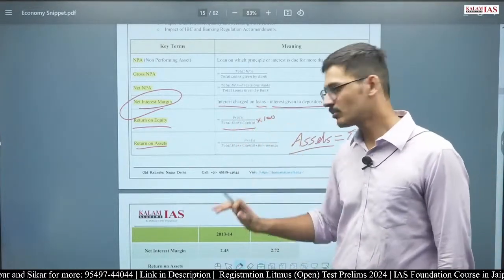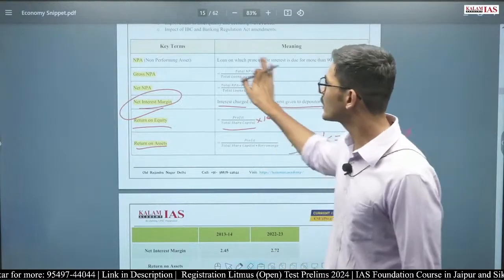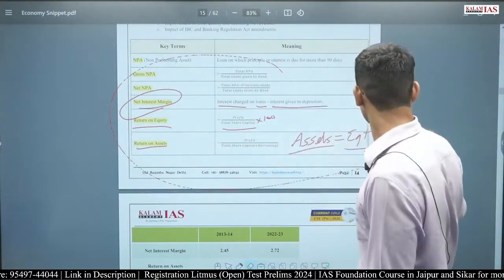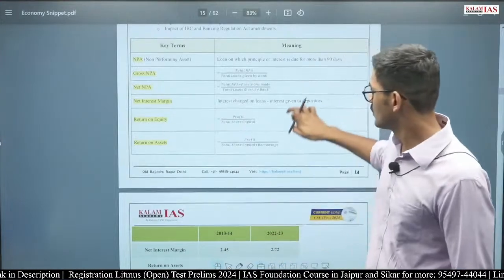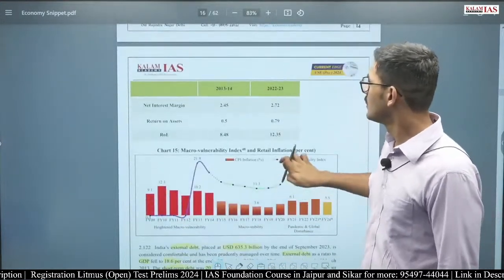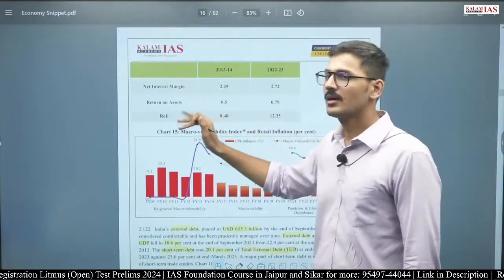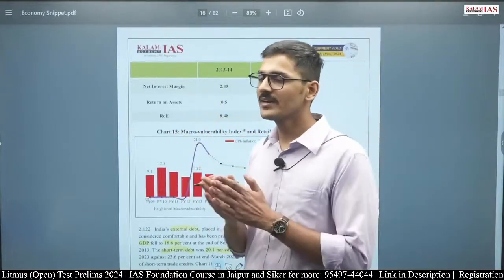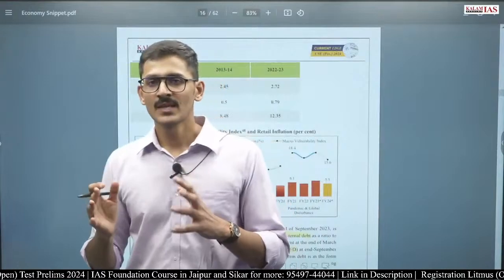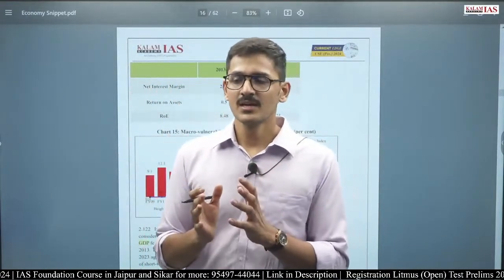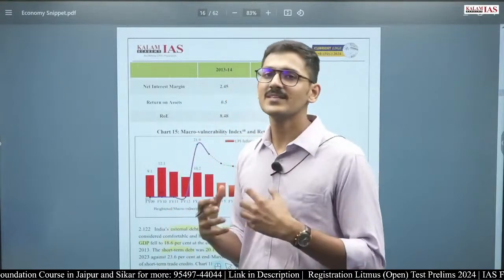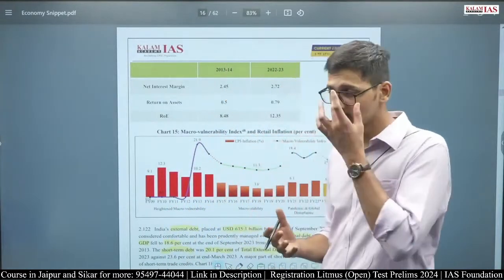If you are not a student of commerce, you might find this a bit confusing, but just take it as given. You do not need to know more than this to solve any question in the prelims, because it is not a BCom exam, it is a UPSC exam. Now for net interest margin, what is better for the economy, if it is reducing or increasing? It is better if it is increasing, because it reflects that the banks are generating more profit and are more sound financially.